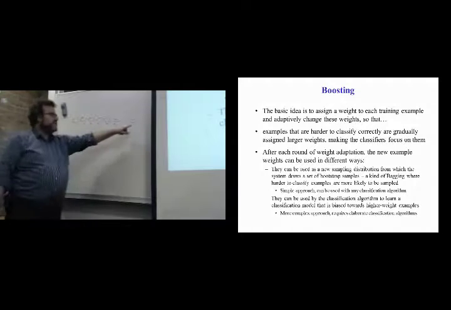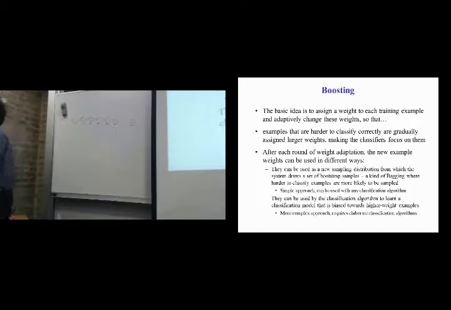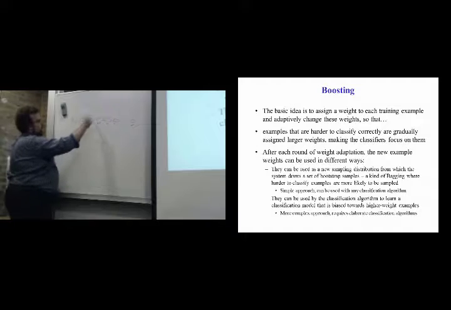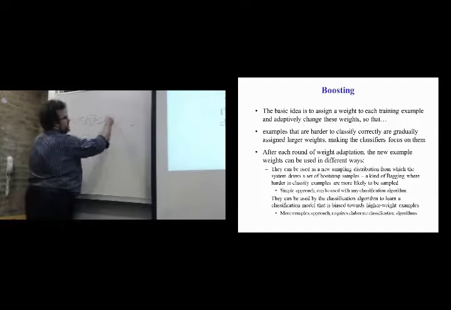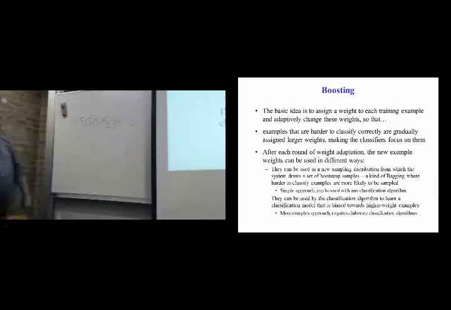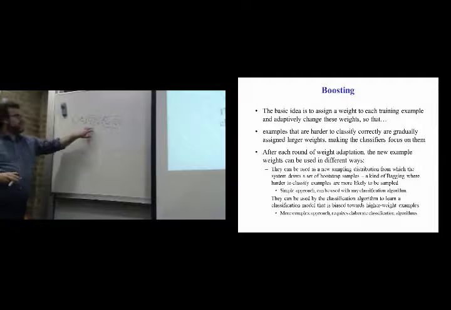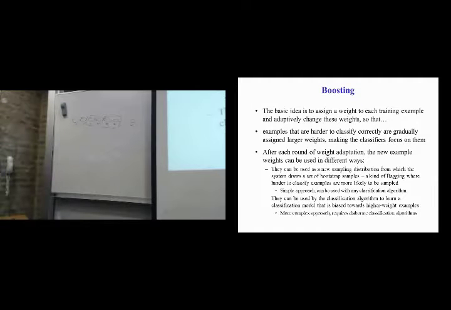It's got them right so far. So perhaps we want to focus the attention of the classification algorithm on the ones where it got it wrong. So the idea of boosting is that we boost the attention the classifier gives to those on successive rounds of training.